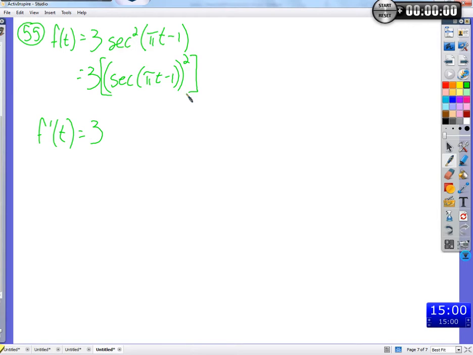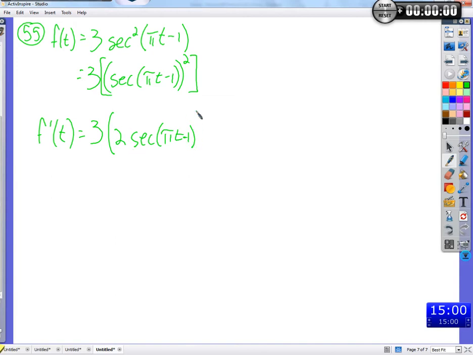So the first thing we're going to do is take the derivative of the outside function. What's the outside function? Something squared. So how do you take the derivative of something squared? 2 times this thing, secant of pi t minus 1, to the first.